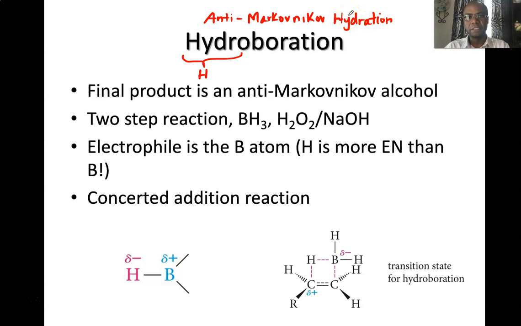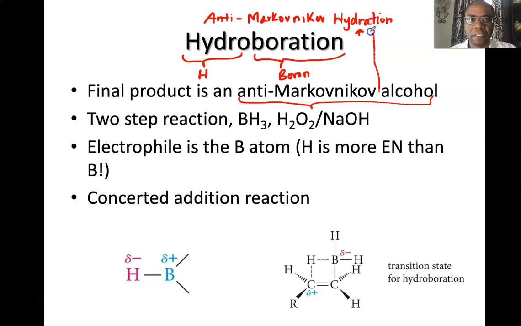It's gonna add the OH and H opposite. So hydroboration, you're adding a hydrogen, and in the process of the mechanism, you'll be adding a boron. But now the boron will be kicked out by water, and that's where the hydration comes in. So the final product is an anti-Markovnikov alcohol, because we are doing anti-Markovnikov hydration.